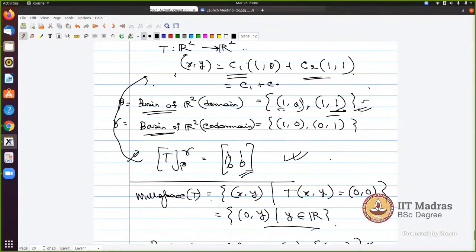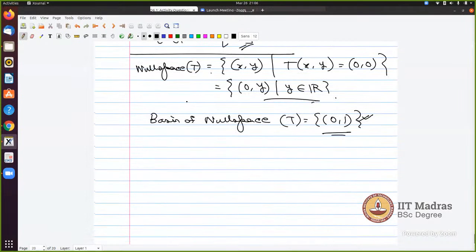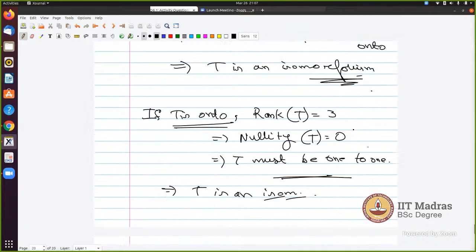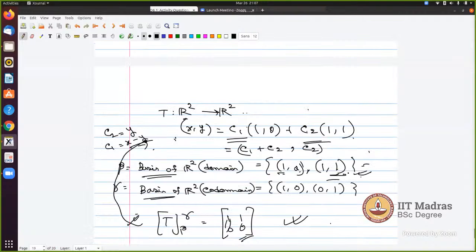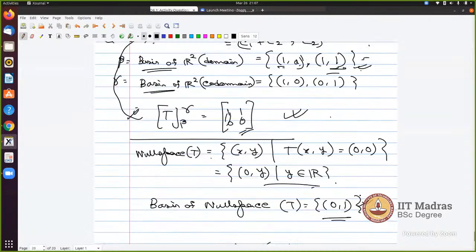So this is C1 plus C2 and this is C2, right? So C2 will be Y, and C1 plus C2 is X, so C1 is X minus Y. So T of X Y is X minus Y times T of 1 0 plus Y times T of 1 1.